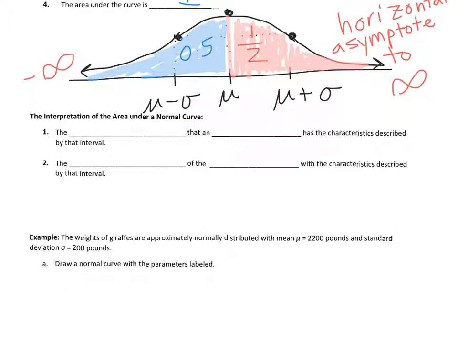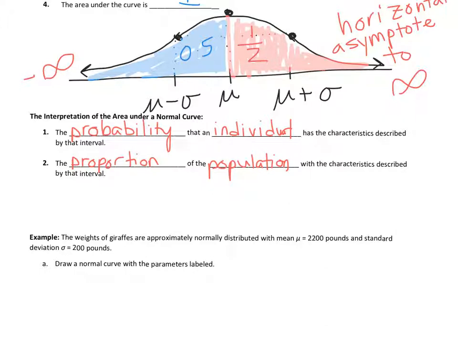So the first one is that the probability, how we interpret the area under a curve, we can say it's the probability that an individual has the characteristics described by that interval. And the second interpretation has to do with the population. We would say the proportion of the population, that area represents the proportion of the population with the characteristics described by that interval.